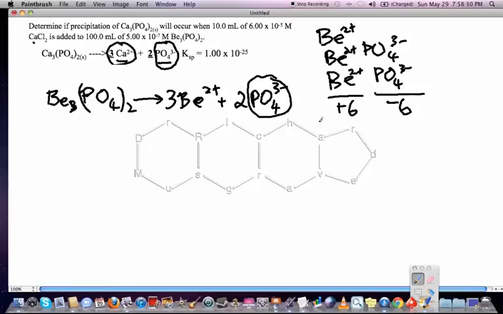There it is there. Okay, so we're going to have to figure out first of all the concentration of phosphate in the original solution. So we're going to have to do the stoichiometry thing that we did earlier.